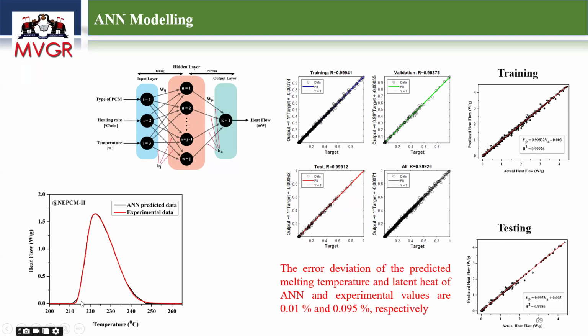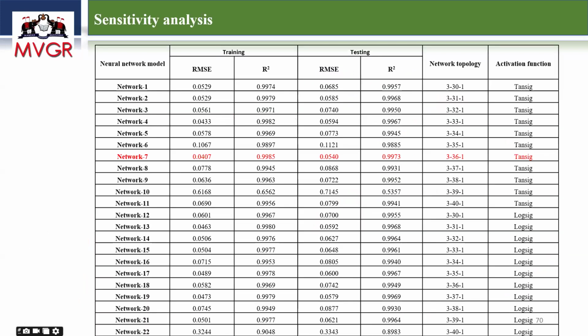And the latent heat value: the area under this curve signifies the latent heat value, and my latent heat value is also exactly predicted. That is the model we are developing. We have very huge data, that's why we are using the NN model. Since even more data was there, we can also perform with machine learning models.